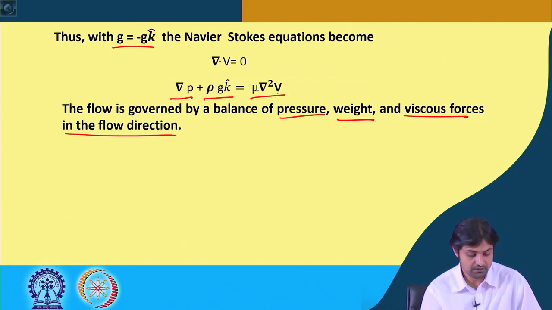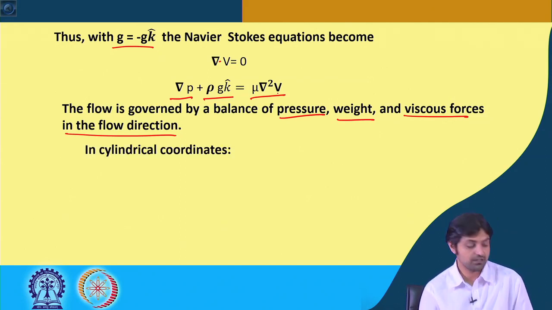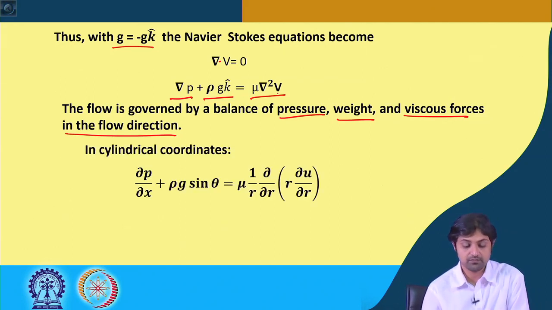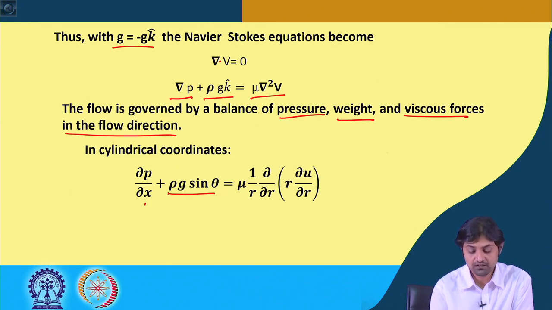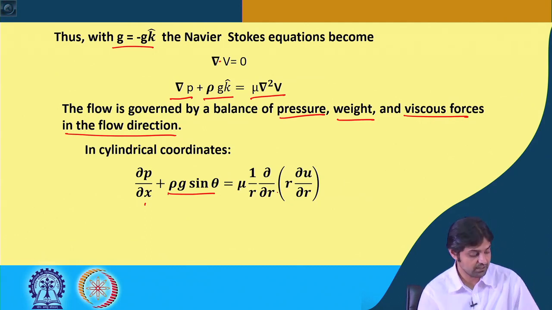All right. In cylindrical coordinates, we can simply write, so del p by del x plus rho g sin theta, whereas mu in the radial direction is 1 by r del by del r into r del u by del r.